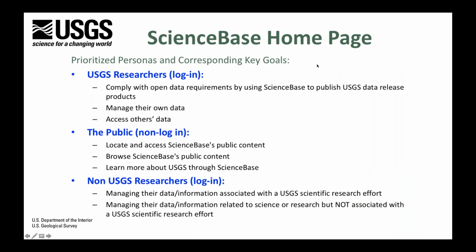Okay, so for ScienceBase, I'm showing 3 different prioritized personas on the slide, and just some simplified characteristics of these personas.